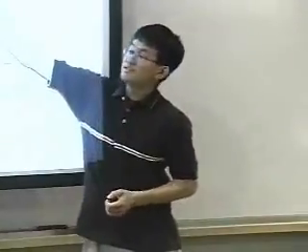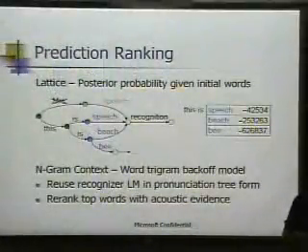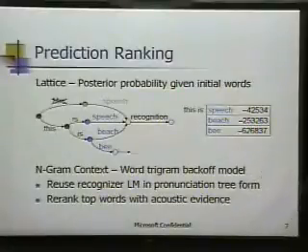So how do we actually generate the list of predictions and rank them? To make it robust, we combine both the results from the speech recognition lattice and the results from the n-gram based on context. So let's say the committed words so far are "this is," for the sentence "this is a speech recognition," or something like that.